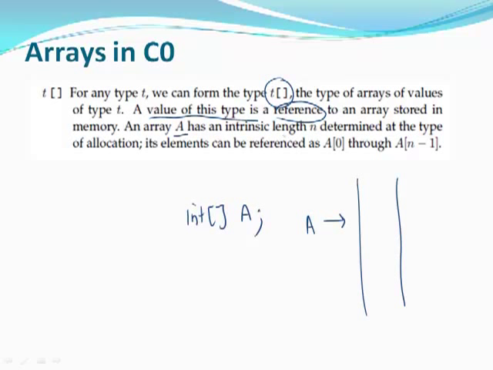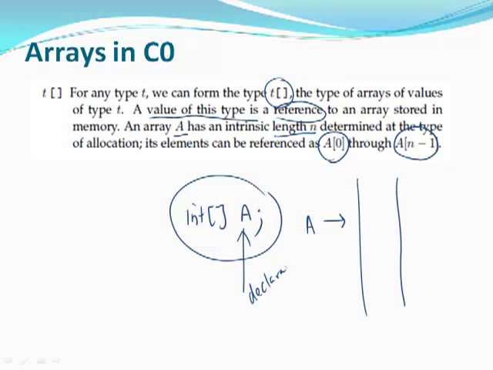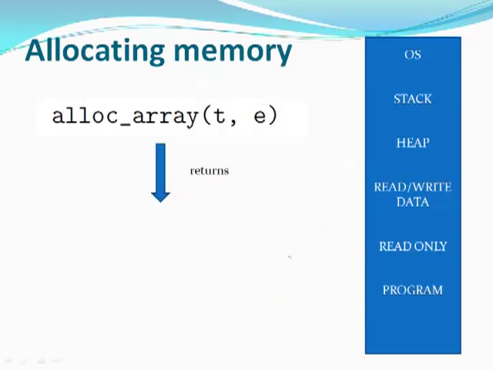And when we allocate memory of size n, the length n is determined at the time of allocation, and the array elements can be referred to from A[0] through A[n-1]. Now this is a declaration only in C0 note, so that's a declaration, but I have not allocated any memory for this array.